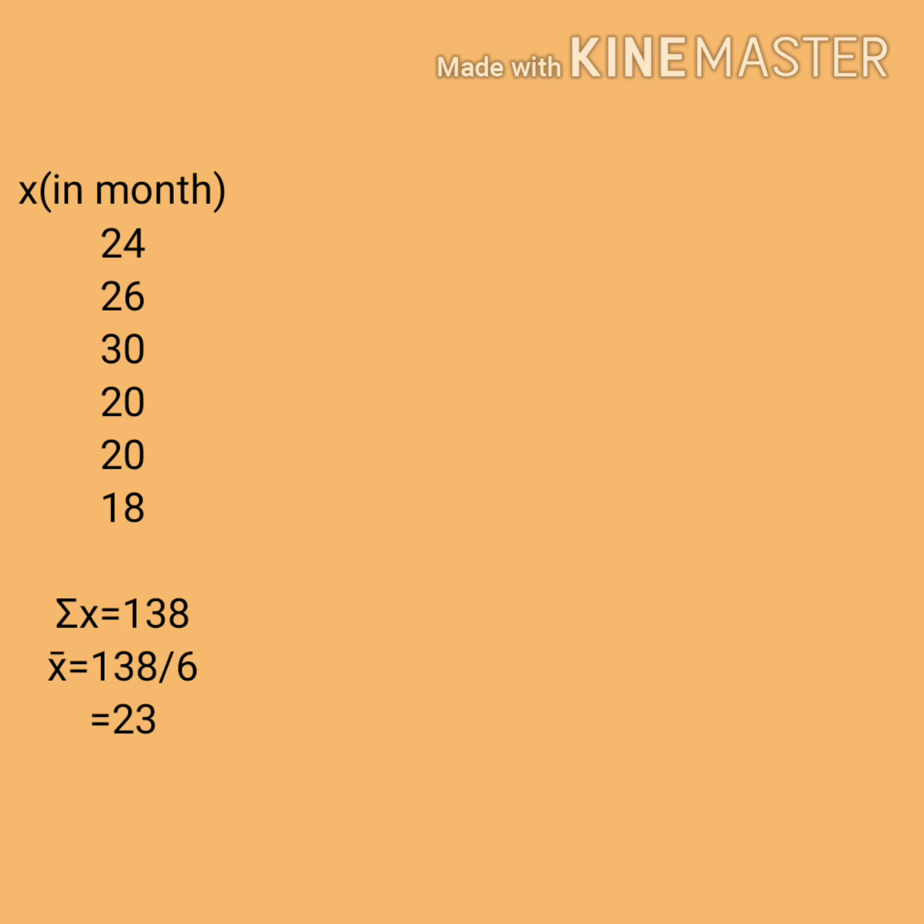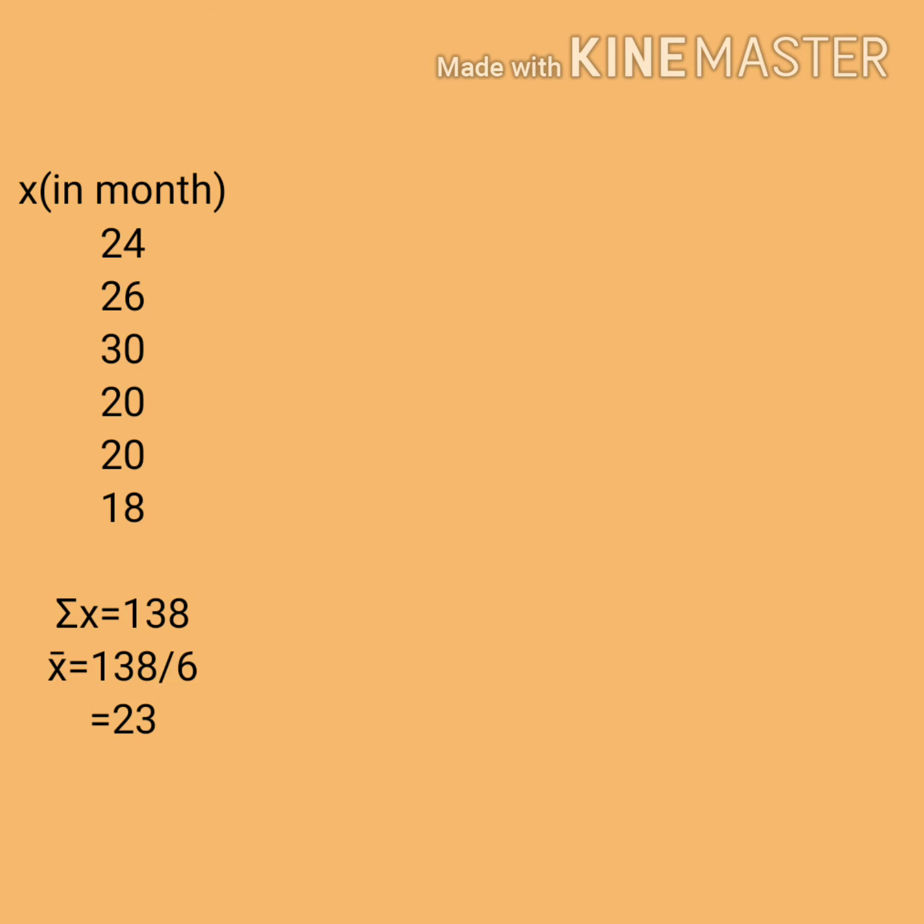And you know the formula of mean already, x bar equal to summation x by n. So 138 divided by 6, as we have collected 6 samples. So here the number of observations is 6, meaning the value of n is 6. Clear? So we have got the sample mean as 23. It means the average life of a bulb in months is 23, for the bulbs which we have selected as a sample.